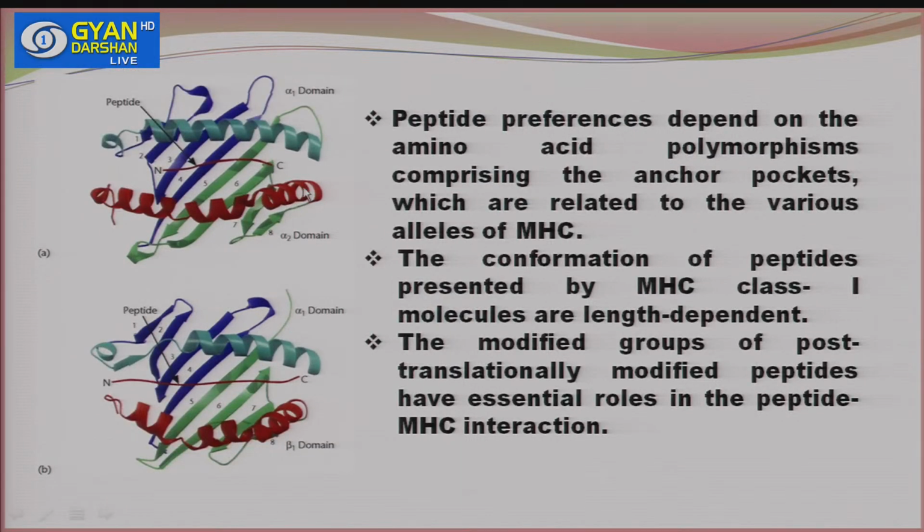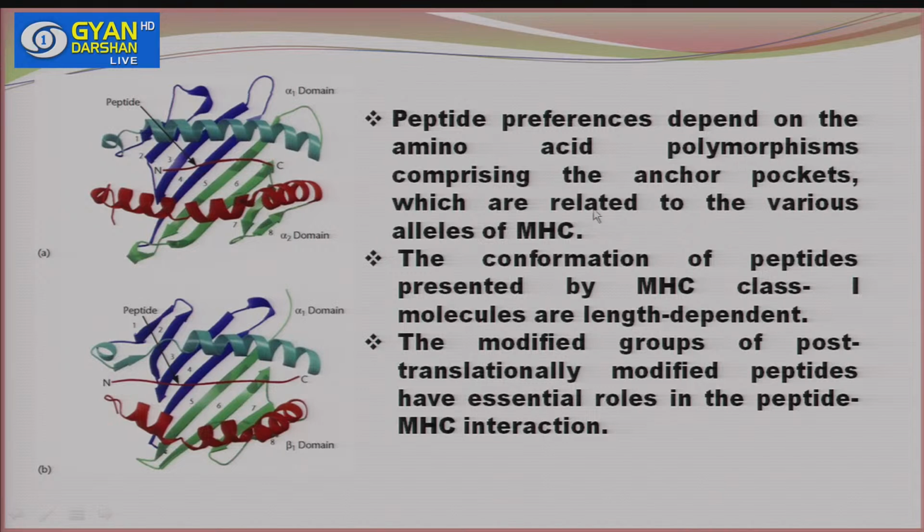Another thing I want to discuss is related to the peptide binding cleft or peptide binding groups. Peptide preference depends on the amino acid polymorphism comprising the anchor pockets, which are related to the various alleles of the MHC. How many amino acids are present and their different groups, their polymorphism is very important.